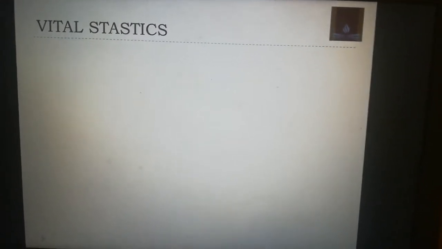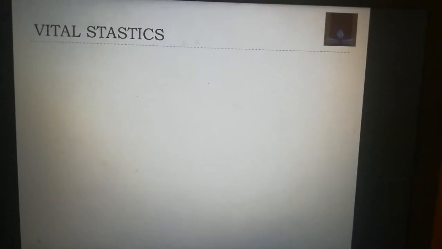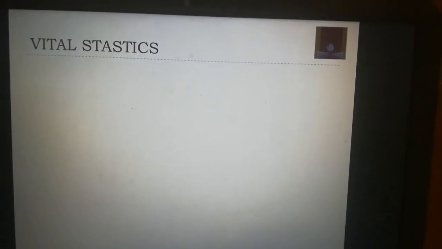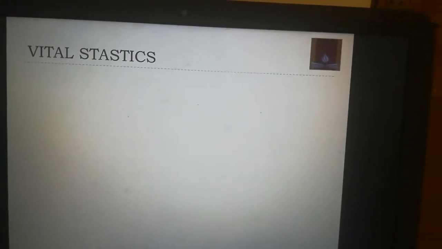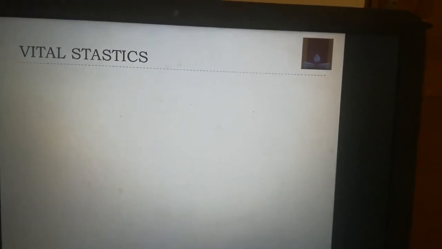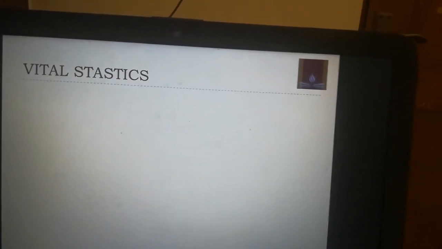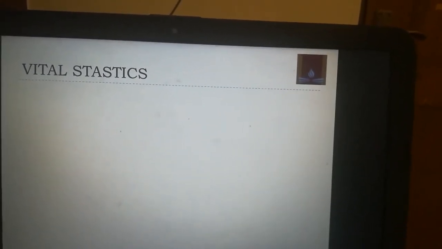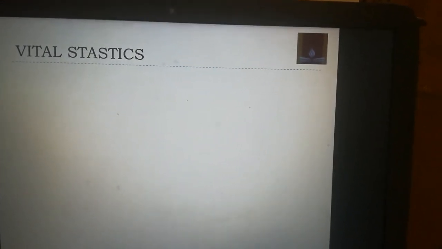The data pertaining to vital events, because we nurses deal with human life, and the vital events that occur among our patients or in the community are very important and have a very influential role in state or national level statistics in delivering patient care and quality services.